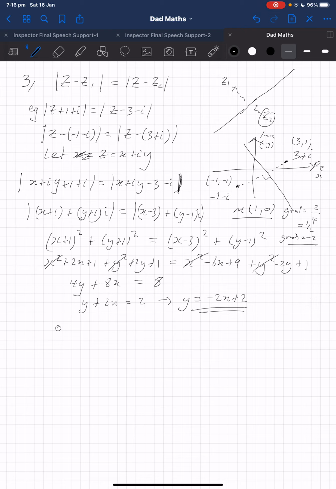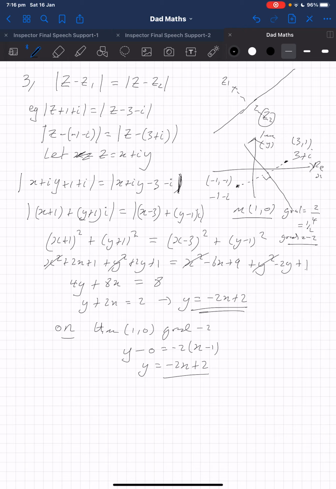So the alternative method is that it's the equation of the line through (1, 0) with gradient minus 2, so you get y minus 0 equals minus 2 times (x minus 1), which gives us y equals minus 2x plus 2.